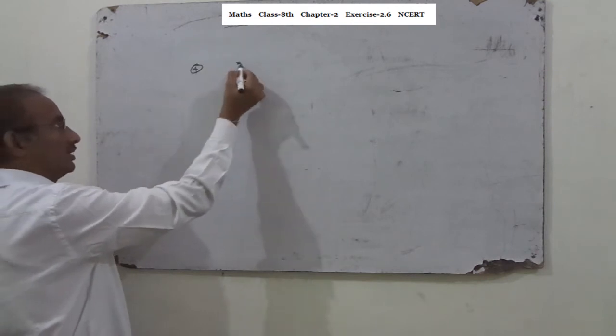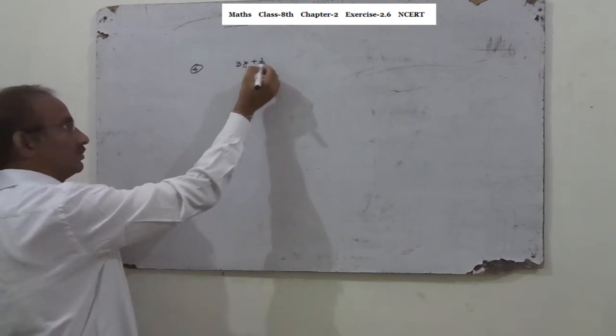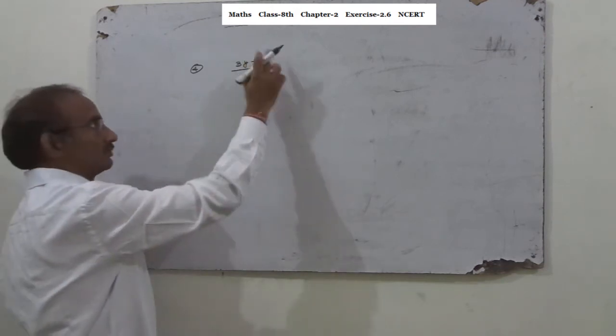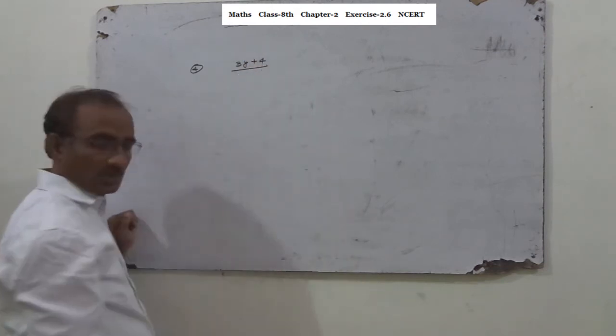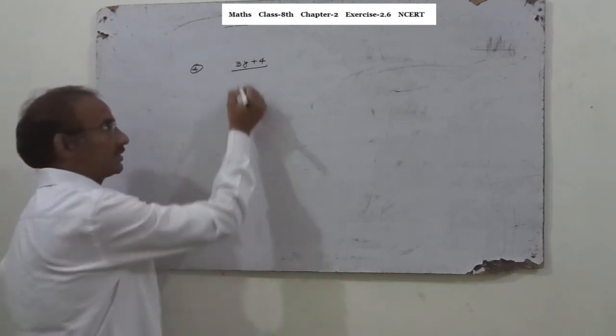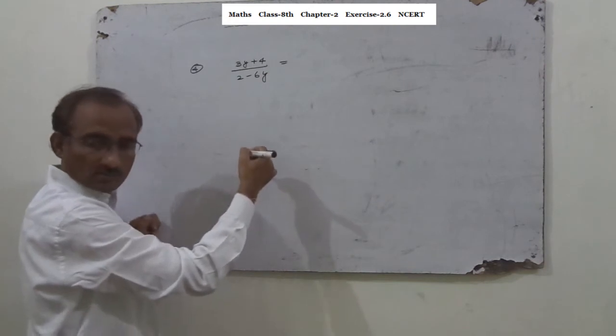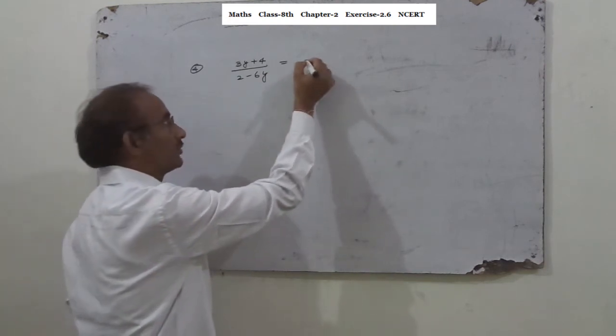It is (3y plus 4) divided by (2 minus 6y) equal minus 2 upon 5.